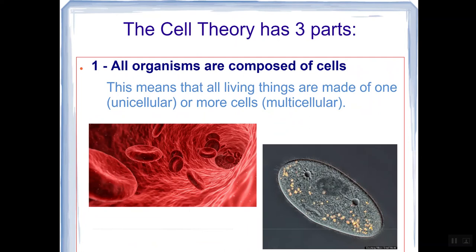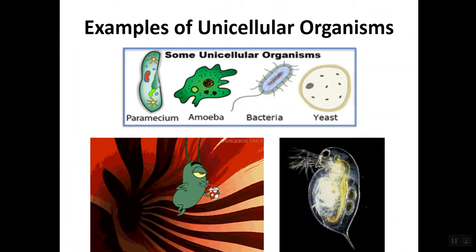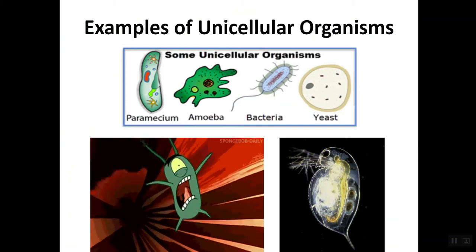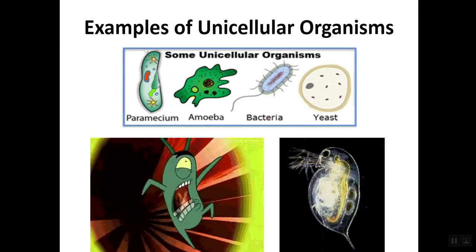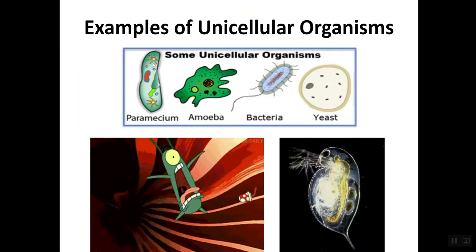It has three main parts, but the first part is simply that all organisms are composed of cells. They can be made of one cell or more cells, but to be considered a living thing, you need to be made up of at least one cell. Examples of unicellular organisms are things like paramecium; all of that paramecium is just one cell.